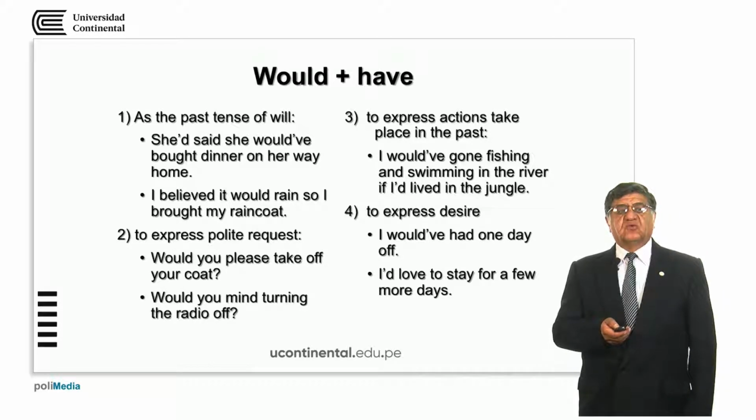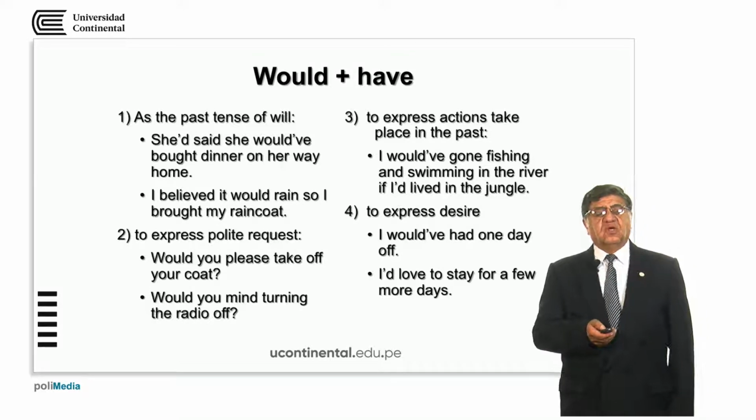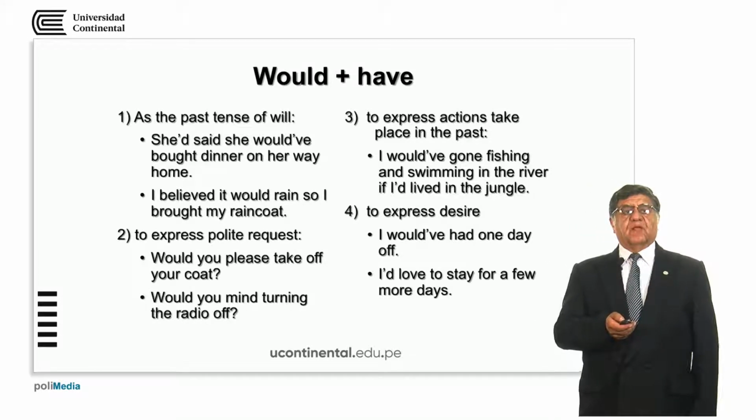I believed it would rain, so I brought my raincoat. Okay? In the past tense, there was a possibility of raining, and somebody took the raincoat in order to protect from rain.